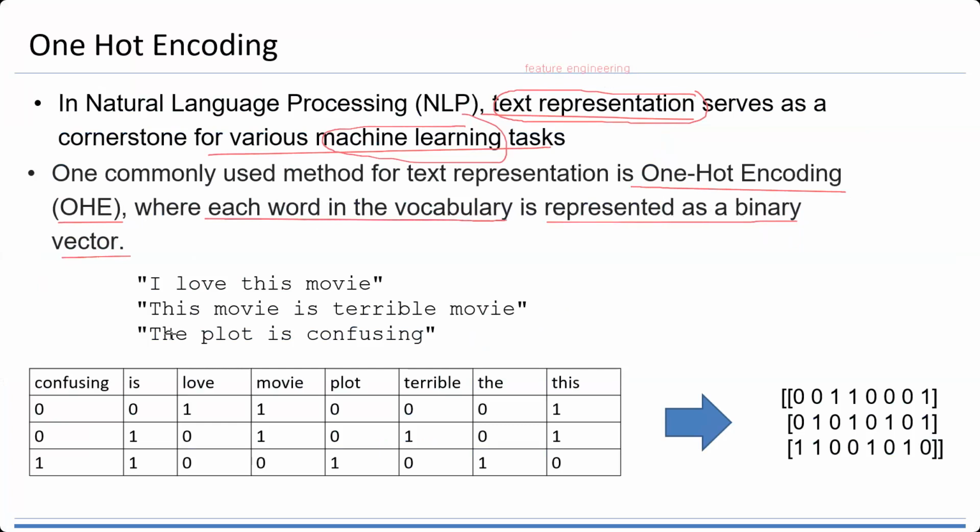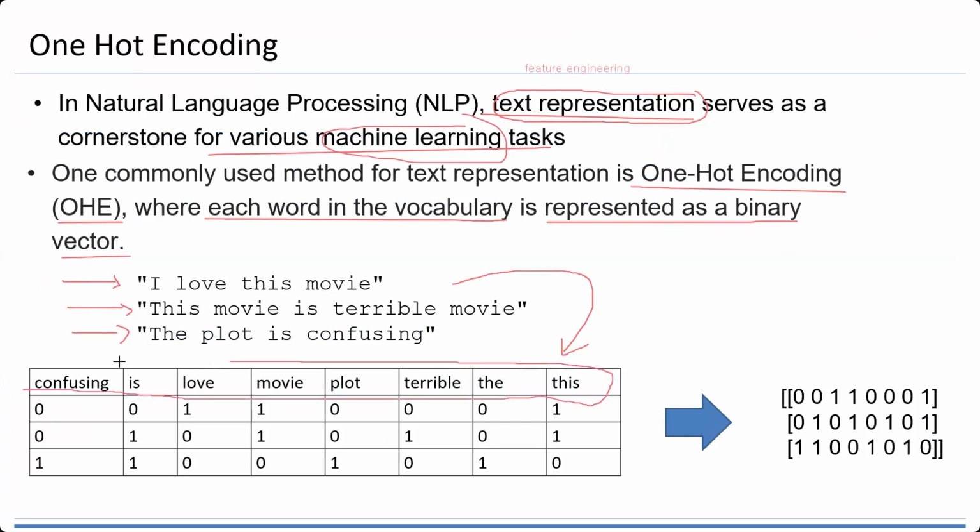So for example, I have these three sentences: I love this movie. This movie is terrible. The plot is confusing. We can change these into binary vectors like this.